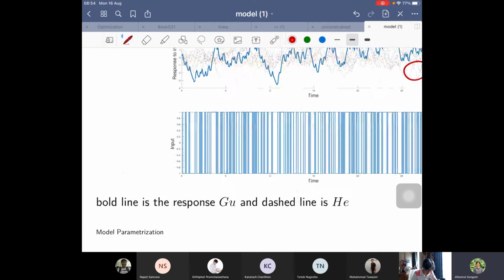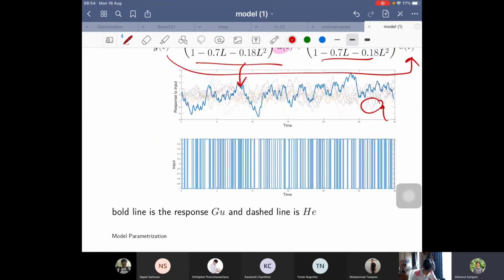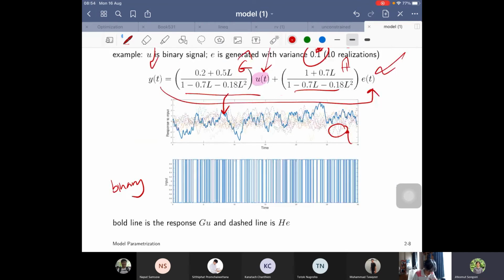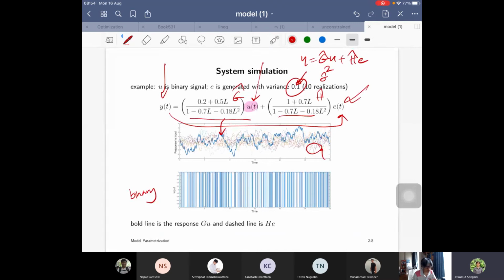And in this example, I use a binary sequence as the input. So for simulation purpose, it gives you a sense of how the response Y I would see at the actual output when I apply U this way and with the presence of noise.